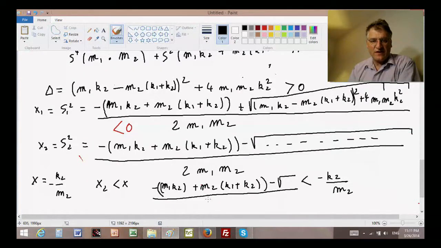Of course, dividing everything by 2 M1 M2.